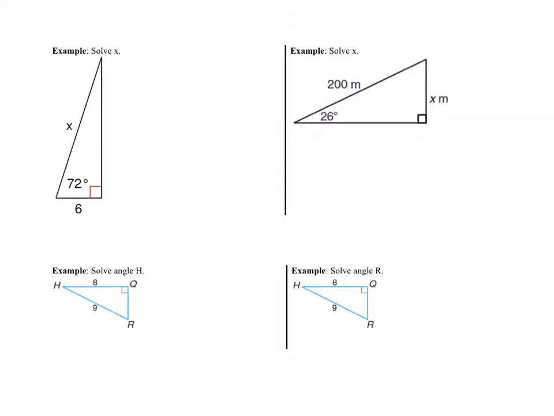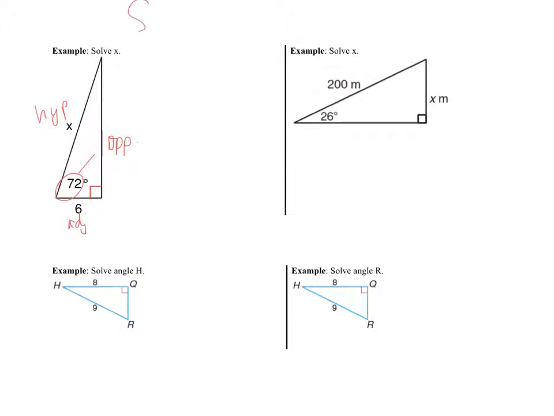Moving on to some examples here, solving for a variable here. I am going to look to see what I've got. Looks like I've got this angle here. So I'm going to go ahead and mark my sides. This is my opposite. The x would be my hypotenuse, and that would make my 6 my adjacent. So it looks like I have an adjacent and a hypotenuse that we're talking about.